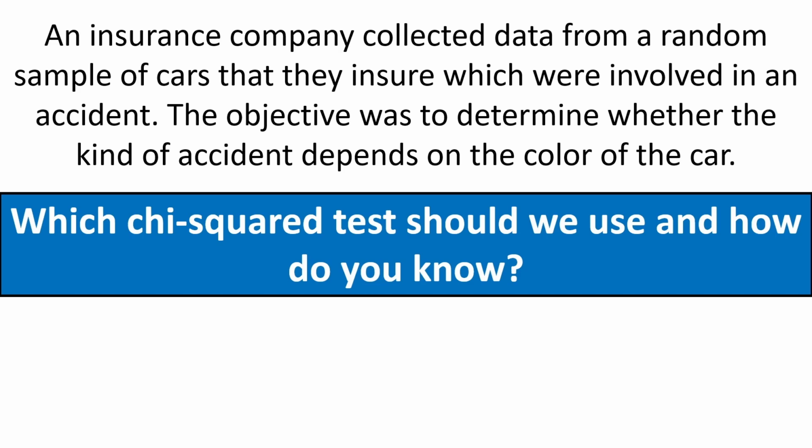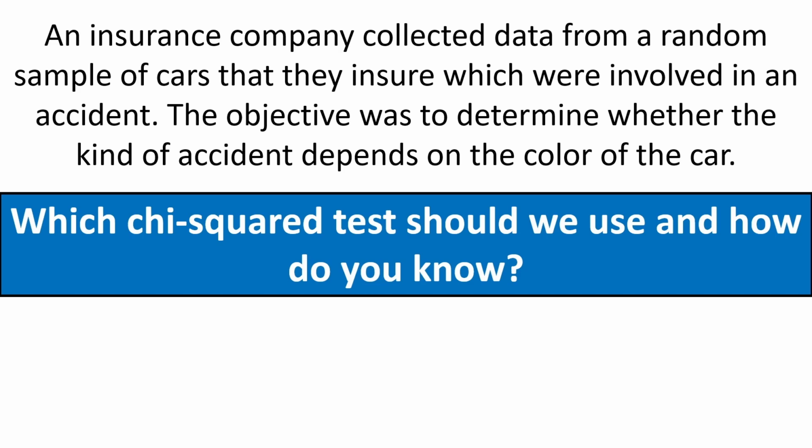So hopefully you recognize a couple of things. First of all, in this scenario, we have the word depends. We want to determine whether the kind of accident depends on the color of the car. That gives you some hint that it's probably a chi-square test of independence. But to be sure, we need to see that there are 2 categorical variables and that the sample is drawn from one population. So do we have 2 categorical variables here?